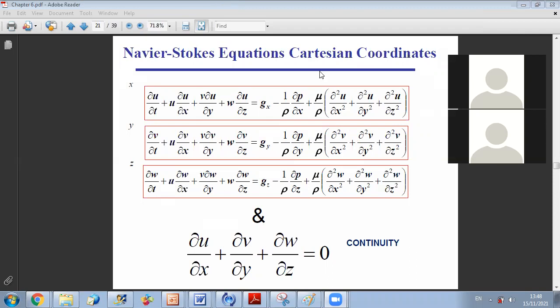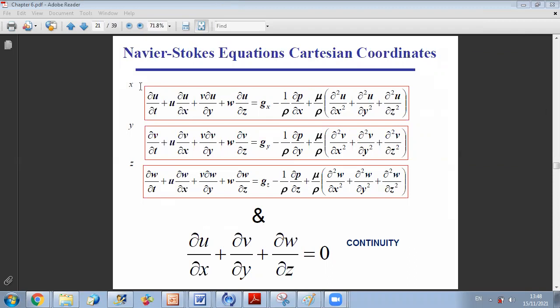Okay. So now, going back to these equations, let us solve for the given problem. First, it's a steady state problem, so all terms del by del t will cancel out. Now, we said that u is only varying with y, so del u by del x is 0. And here v is 0, so this term will cancel out, and w is 0, so this term will cancel out.